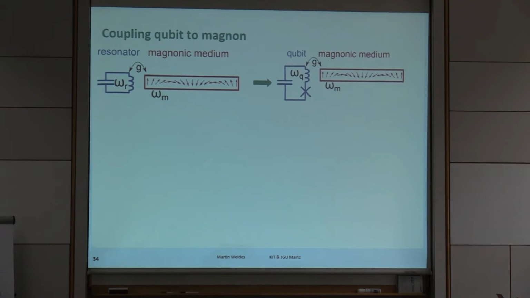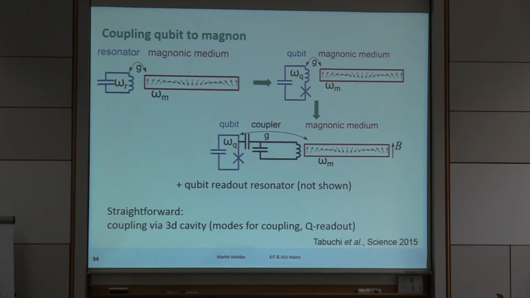So it's better to use a coupling element like a bus resonator or some other means to physically separate the qubit from the ferromagnet and have low or maybe zero magnetic field at the qubit. Also, we would need a separate readout resonator for the qubit, and this could come in from the other side.